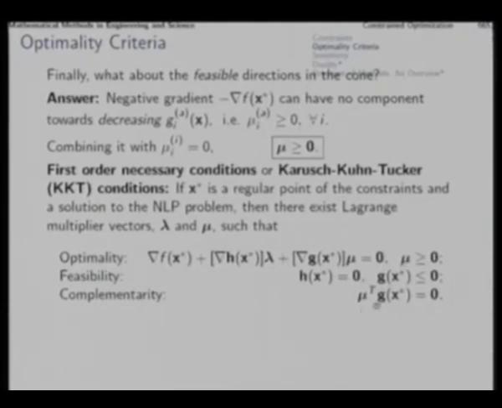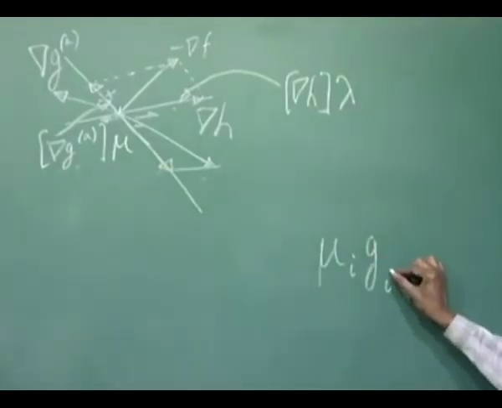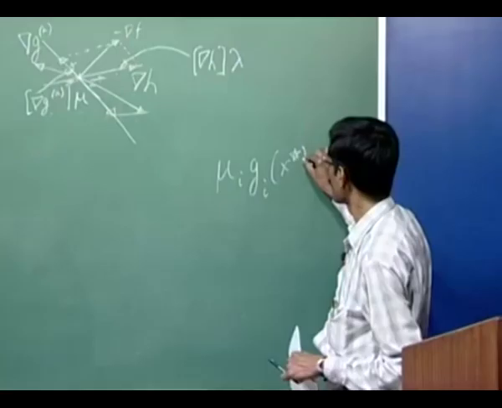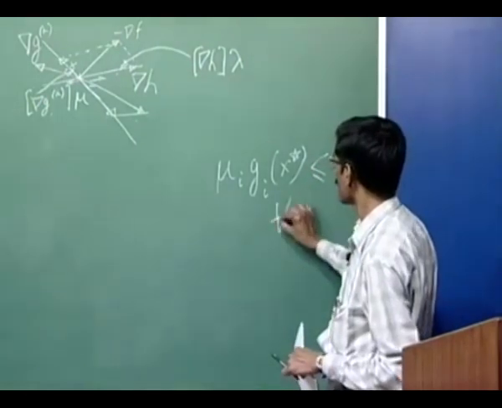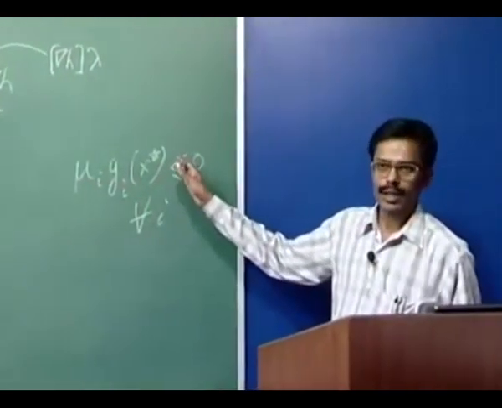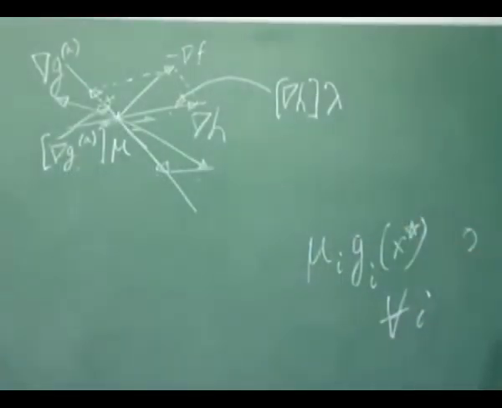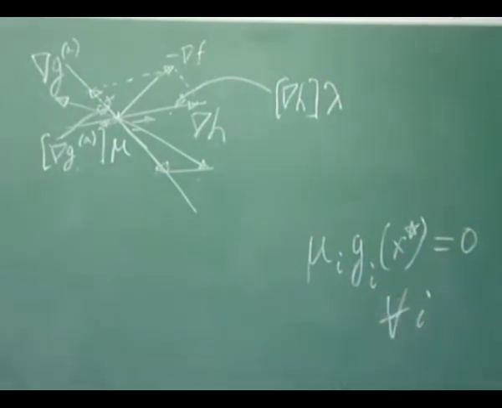This condition could as well be written as, for all i, mu i g i at x star should be 0, that is the complementarity condition, that is mu's and g's are complementary to each other.